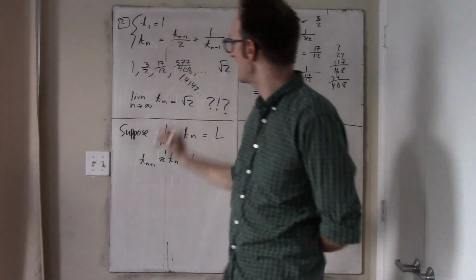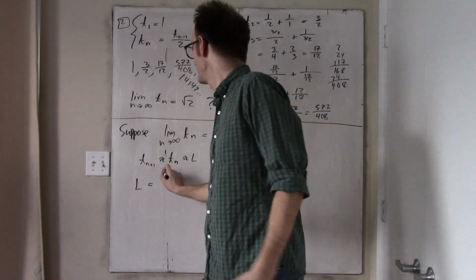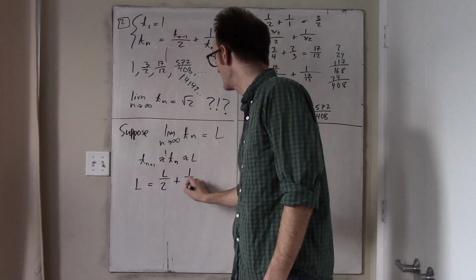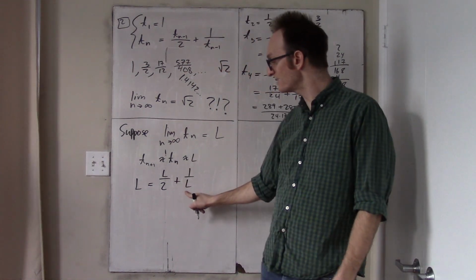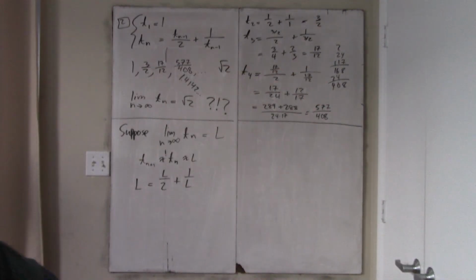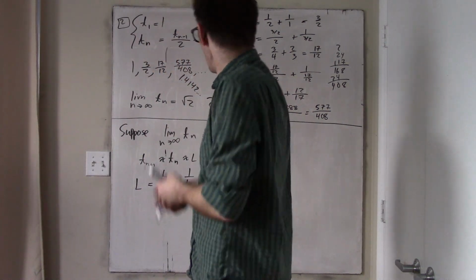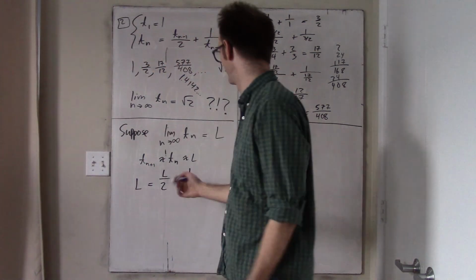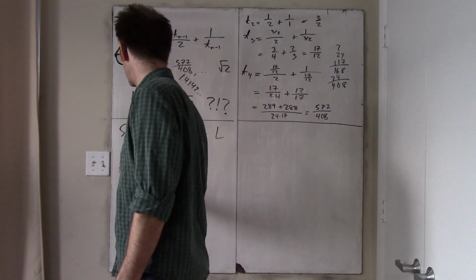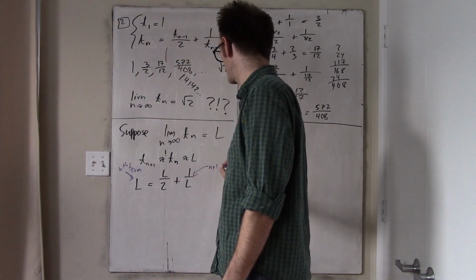Well, L must be a number such that when you take that number over 2 plus 1 over that number, what you get is basically L again. This is what I'm calculating here: this is like the nth term, and this is like the n plus first term.